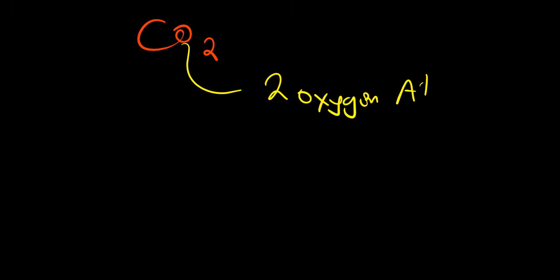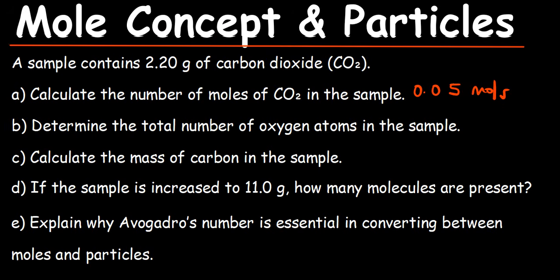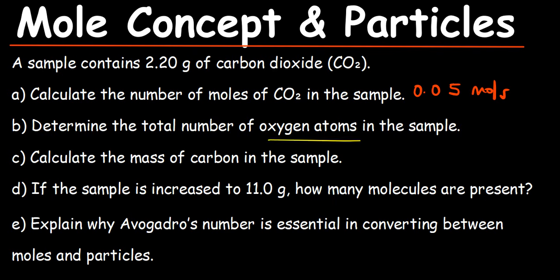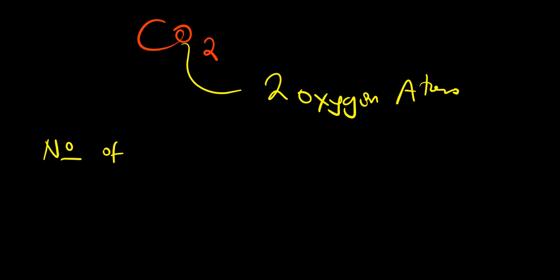Now, the number of molecules determines the total number of oxygen atoms. Every time we're talking about atoms, molecules, ions, I'm sure it now rings a bell: Avogadro's number is going to come in. So the number of atoms or molecules is just going to be the number of moles multiplied by Avogadro's number.